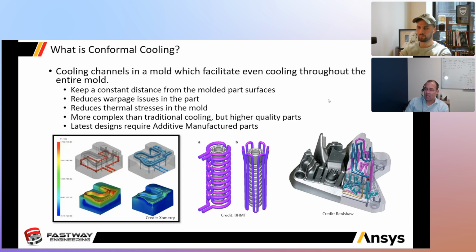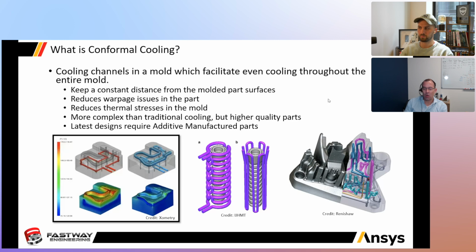So the key to designing an effective conformal cooling channel or mold design is you want to keep a constant distance between the molded part surface and the cooling channel. Because the whole key here is we're trying to maintain not only a certain temperature of the mold so that we can optimize our molding parameters and our molding process, but also the temperature variation.